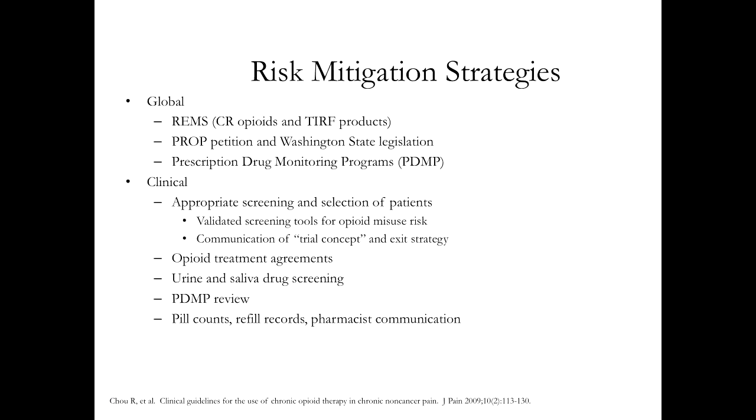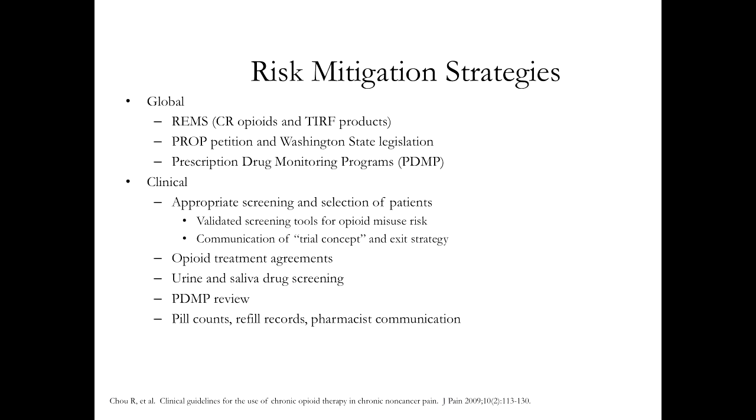There are some clinical things we can do to try to mitigate the risk associated with opioids. One of the things that we need to do is appropriately screen patients. So patients who are at really high risk for opioid misuse probably shouldn't be exposed to these drugs except under the most dire consequences. Things that can increase your risk of misuse include psychiatric comorbidity, a risk or a previous history of polysubstance abuse, whether it's alcohol or opioid or non-opioid illicit drugs.